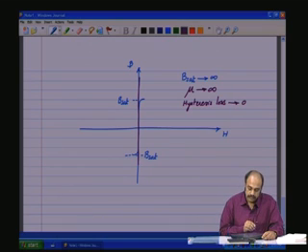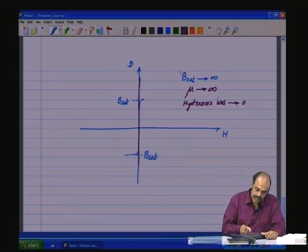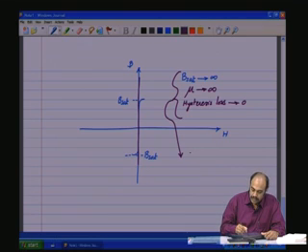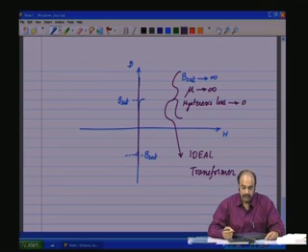All these are important features of an ideal transformer. Note that all these would be features of ideal transformer, something that we expect it to have.